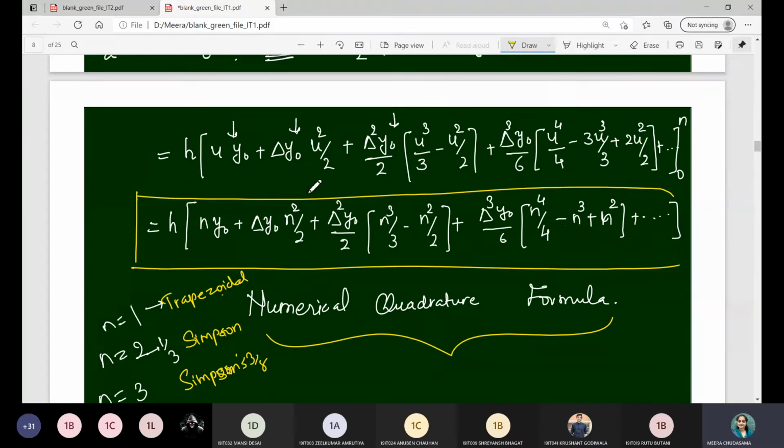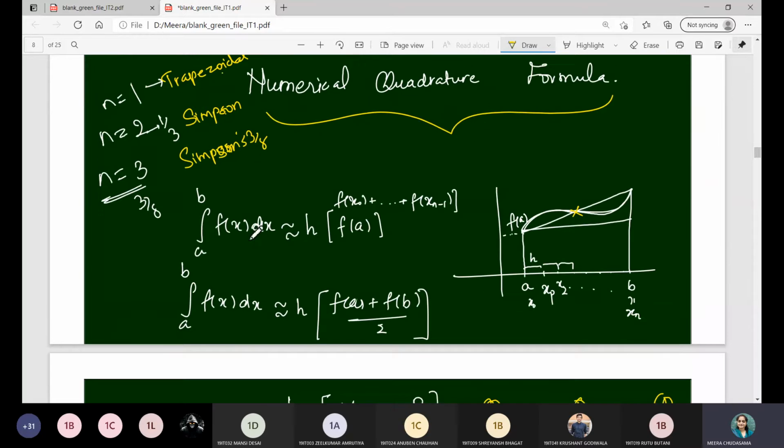Here in this expression, we will consider n is equal to 1. So when we consider n is equal to 1, n plus 1 data are given, that means n plus 1 is 2, right?